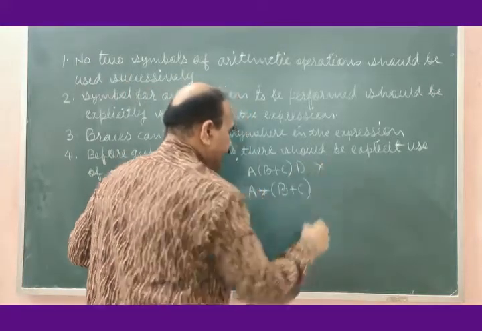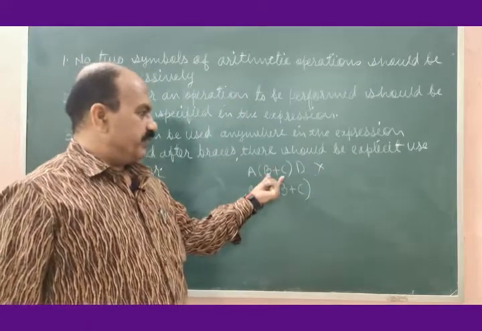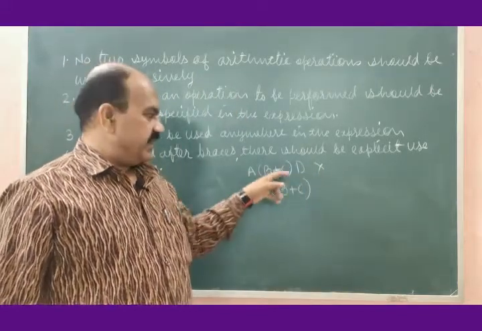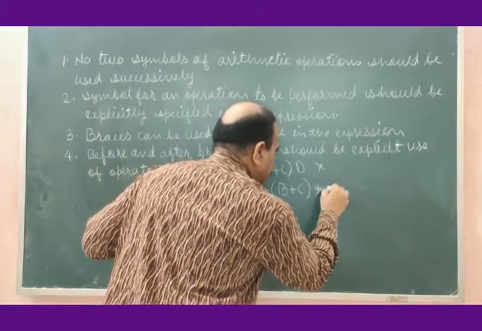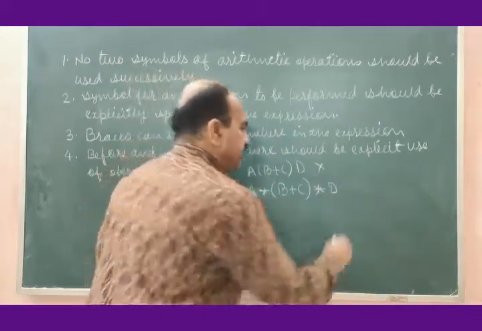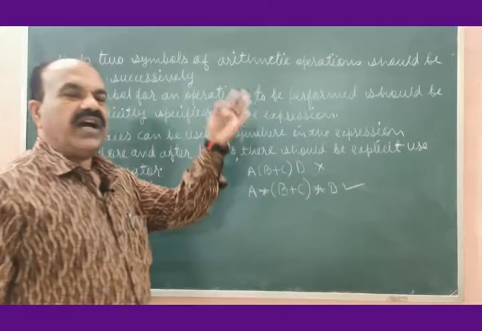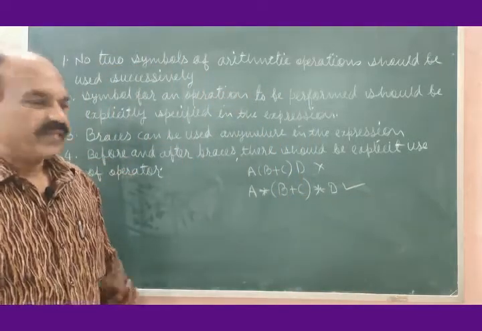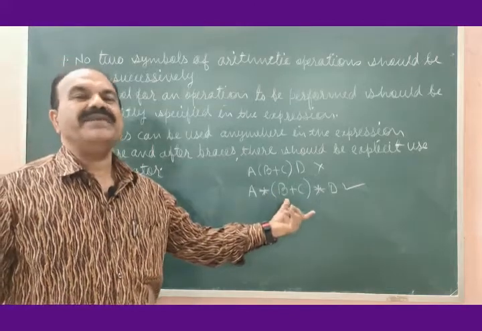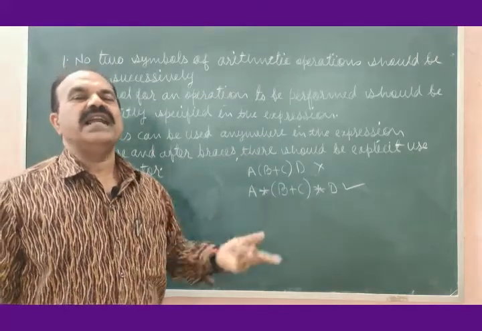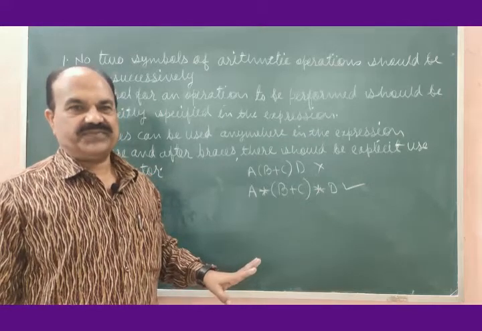this way, A into B plus C into D, this way is wrong in Fortran. Here you have to again use the multiplication sign. This is the correct way of writing. This is the correct way of using the braces, the brackets in an arithmetic expression.